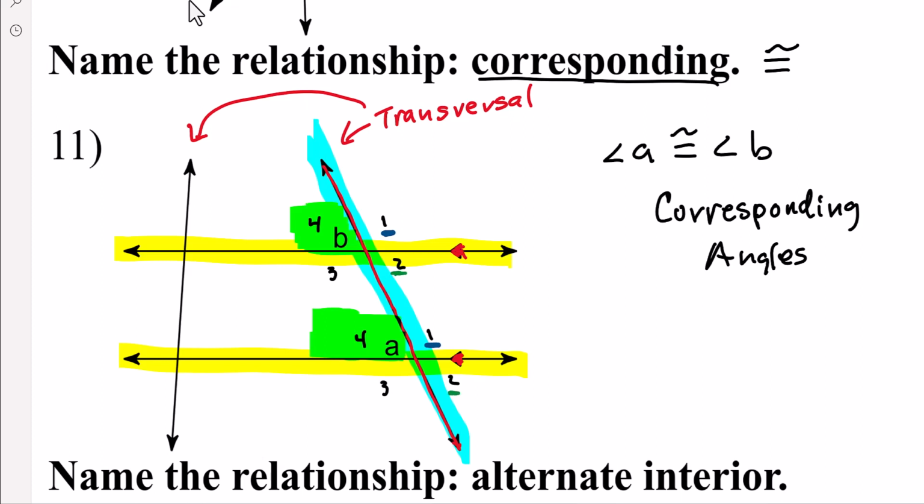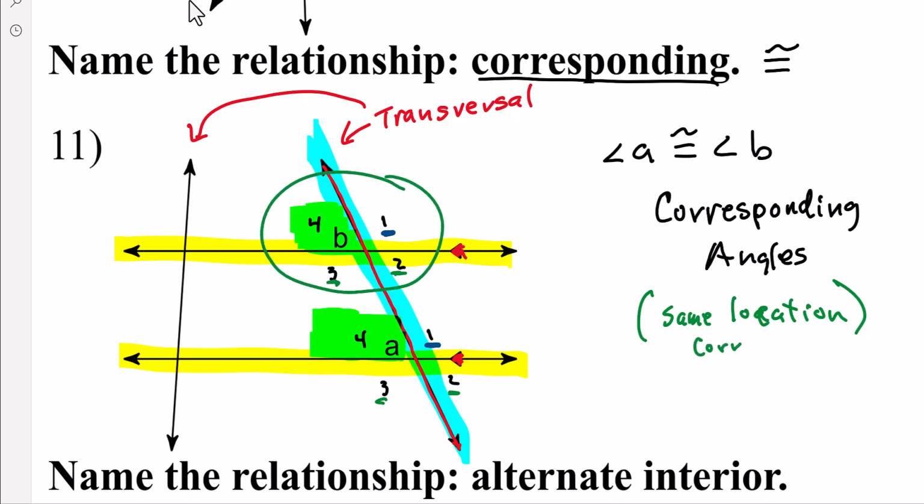Both angle 2's are corresponding, and both angle 3's are corresponding. Think about it being the same location, but in corresponding parts. So this part and this part, those are going to correspond to each other, and angle A and angle B correspond.